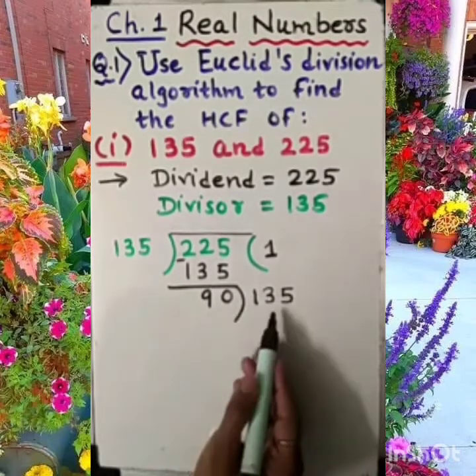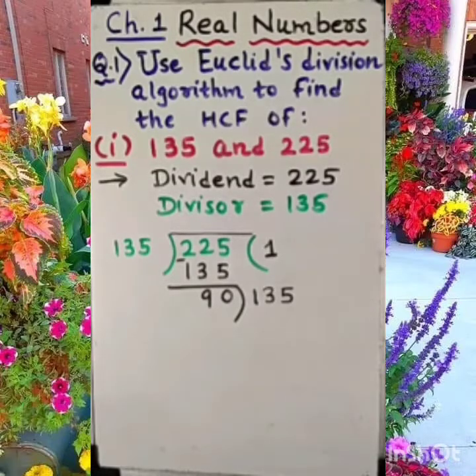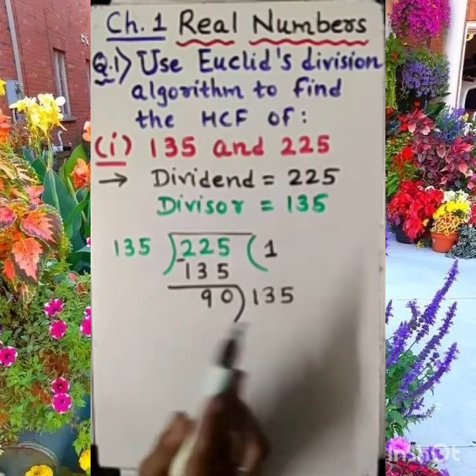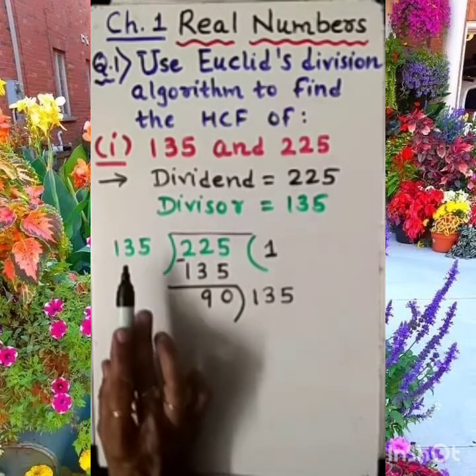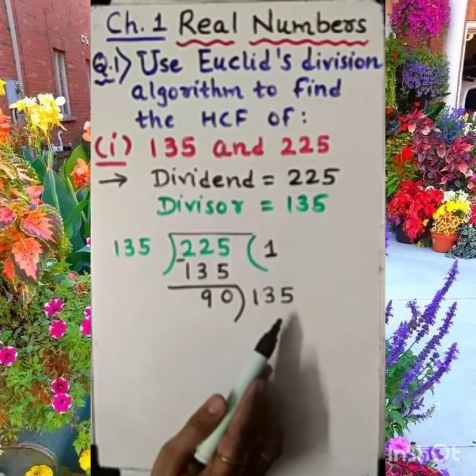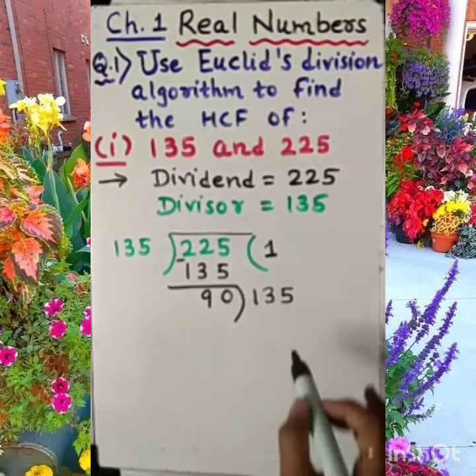This will become the new dividend. Clear to you? All the steps which we have seen in the previous video, then you understood this thing nicely. This 135, the divisor, will become the dividend for the next step. So let's begin with that again.